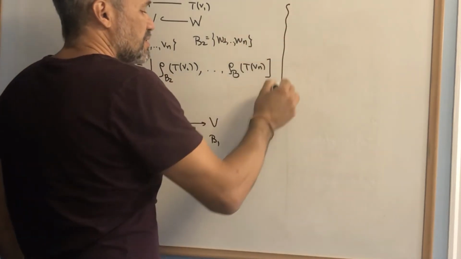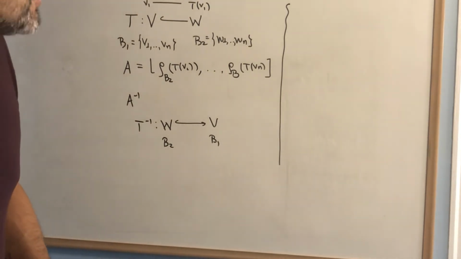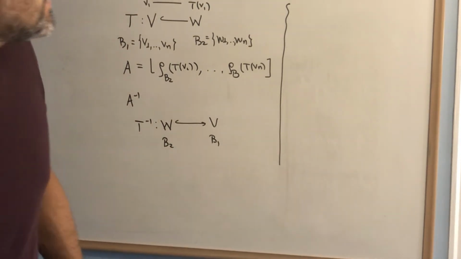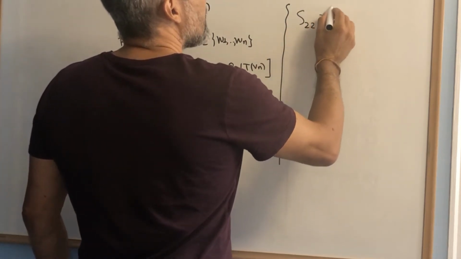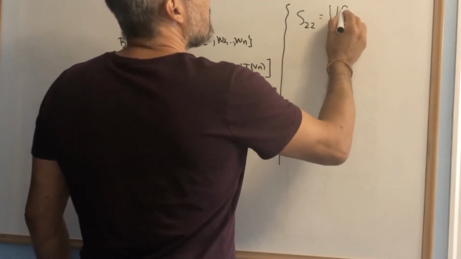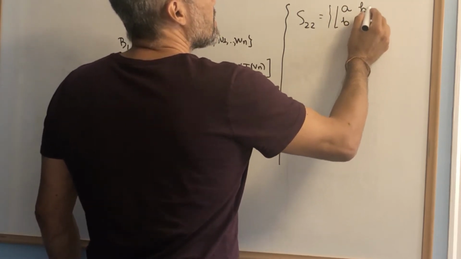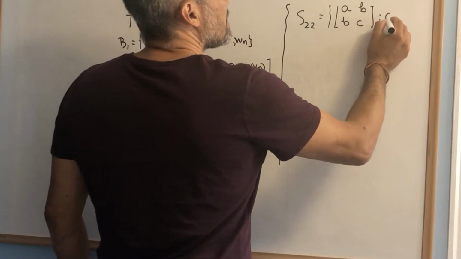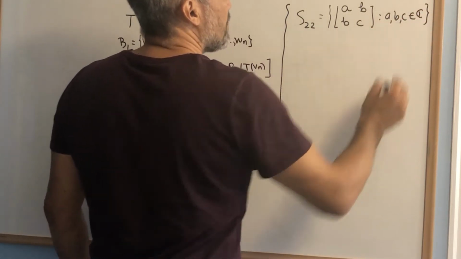Let's see if I can fit that example here. Let's suppose that we have the space S22, which is the space of symmetric 2 by 2 matrices. They are of the form a, b, b, c, right? Such that a, b, and c are complex numbers.